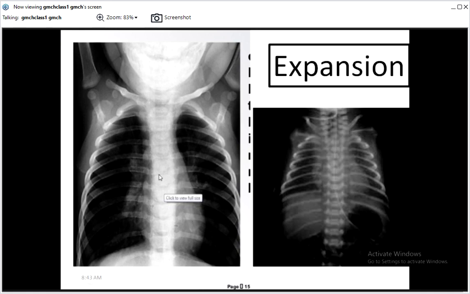So this is an X-ray of some disease process which has led to the hyperexpansion of the lungs, which could be bronchiolitis in a small child, or it could be any obstructive airway disease like asthma in a bigger child. If the expansion is low, up to 6 or 7 spaces, that could be because of some disease where we have hypovolemic lungs, like in cases of the neonates with hyaline membrane disease, the lung volume will be quite less.